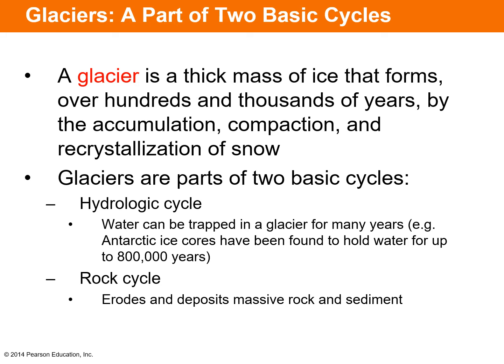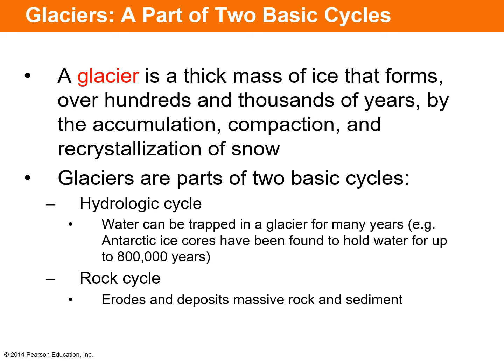So first of all, before we talk about glaciers in depth, it's important to understand exactly what a glacier is. A glacier is a thick mass of ice that forms over hundreds or thousands of years by the accumulation, compaction, and recrystallization of snow. Some of you may wonder why a glacier looks like ice versus a snowpack.